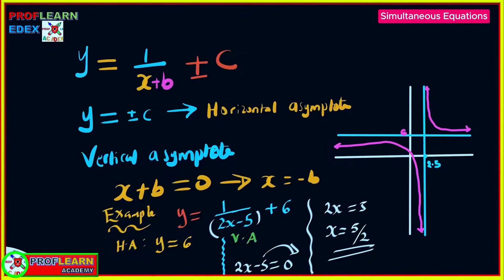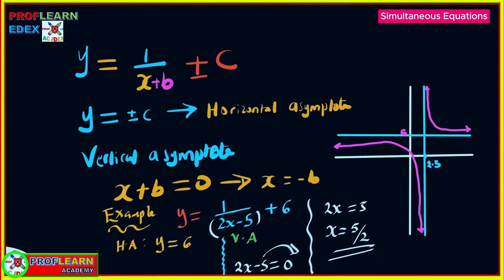The curve will never touch the asymptote. It will approach it, but it will never touch it. So in this case, if you are given y equals 1 over x plus b plus or minus c, I mean a general equation can be of the form y equals 1 over 2x minus 5 plus 6.